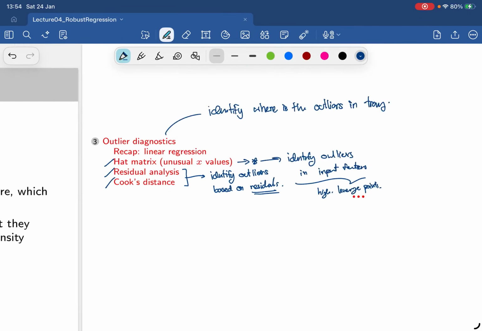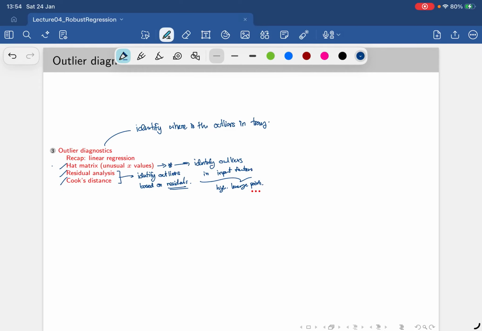And in fact, we now know that the hat matrix is the one that uses only the input features, so it can identify the outliers in the input features. That is called high leverage.